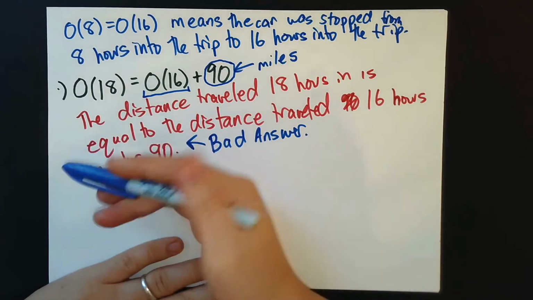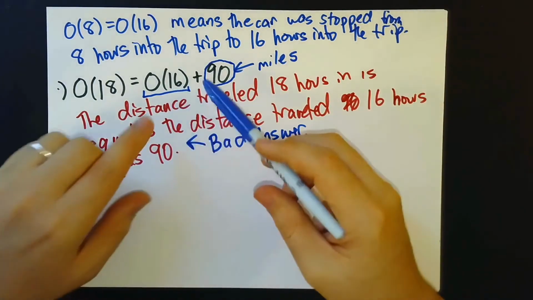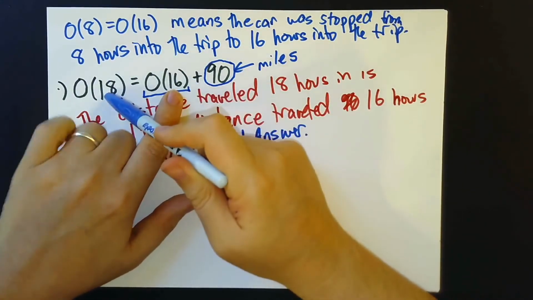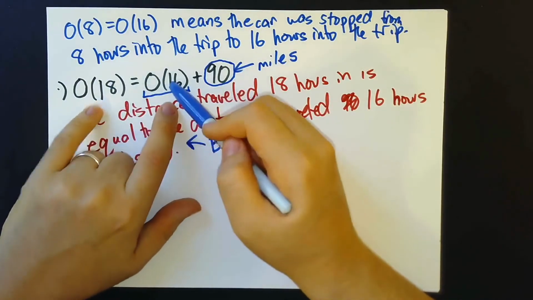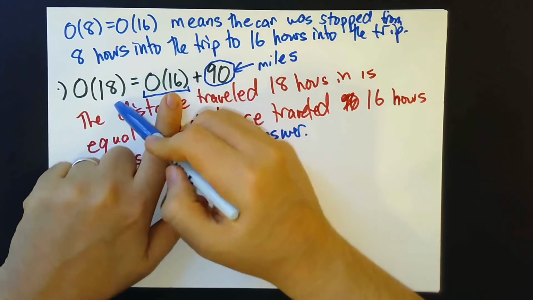Well, what is 90 miles? Well, really, if I think about the distance traveled in 16 hours and the distance traveled in 18 hours, really what I'm expressing here is what happened between hour 16 and hour 18.